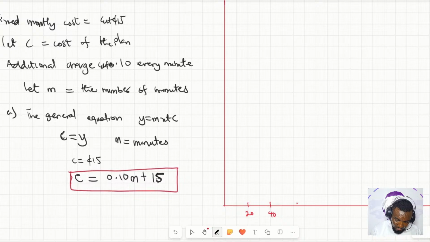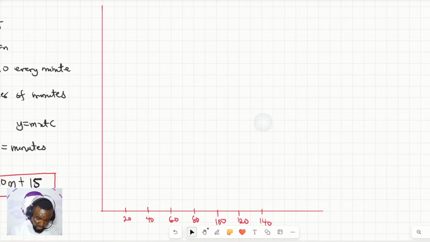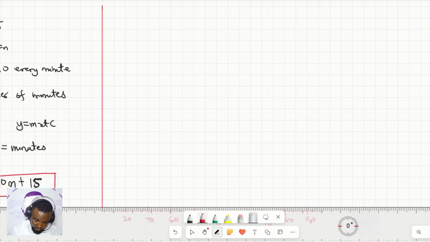We go to 40, we go to 60, we look at 80, we will consider 100, we are going to consider 120, we are going to consider 140, we are going to consider 160, 180.